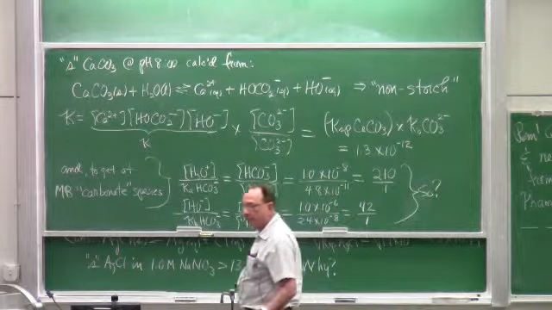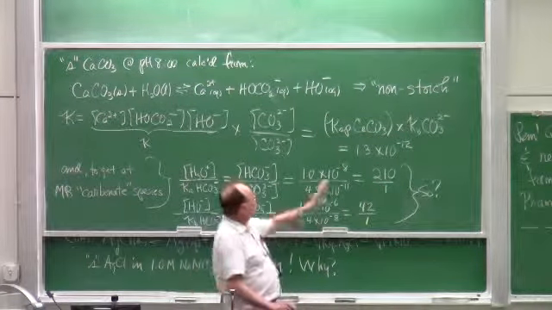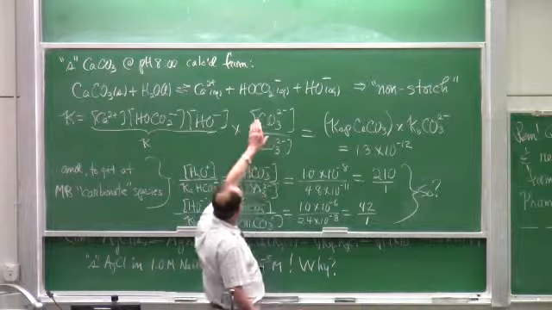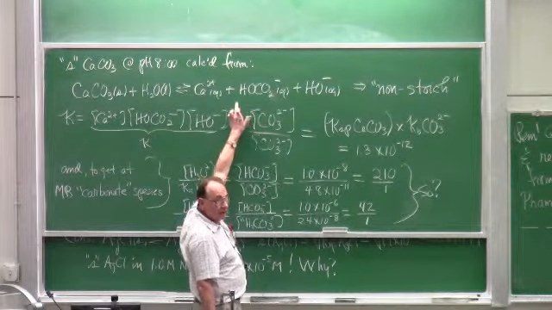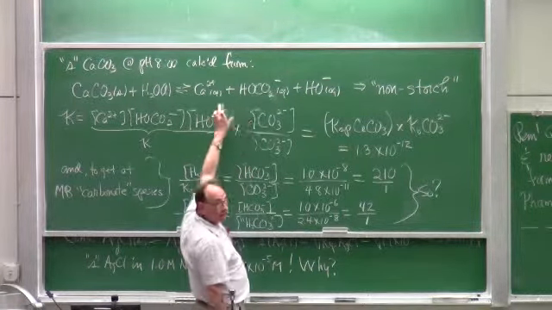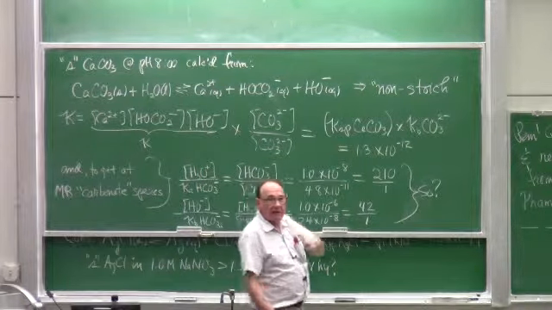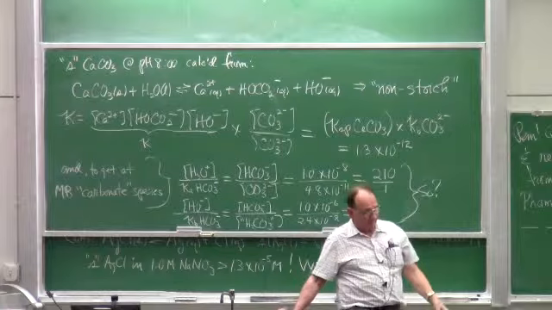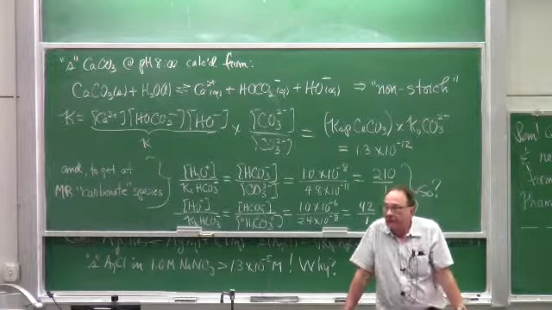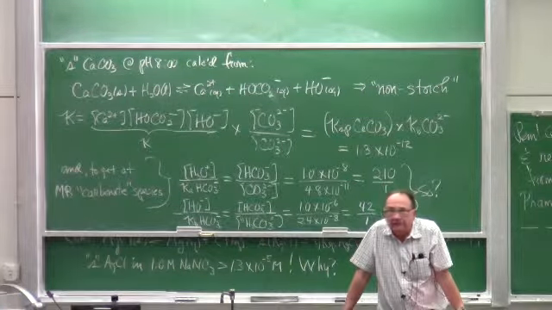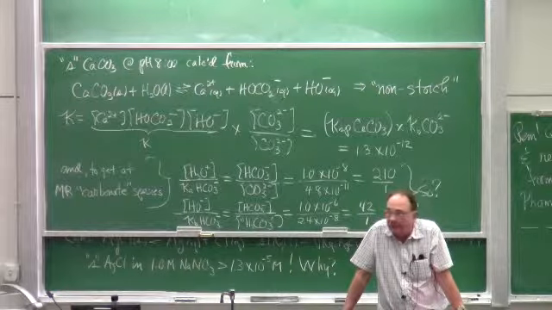So what we have to do to see if this reaction equation is stoichiometric with respect to these two products is to see if in this system the only carbonate containing species of consequence is bicarb ion itself.